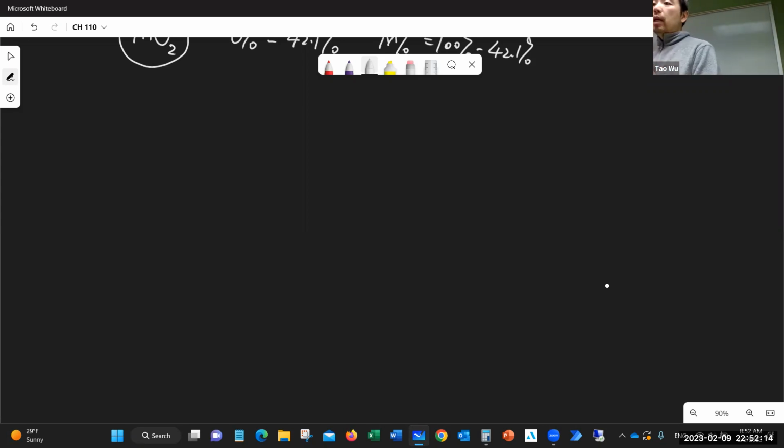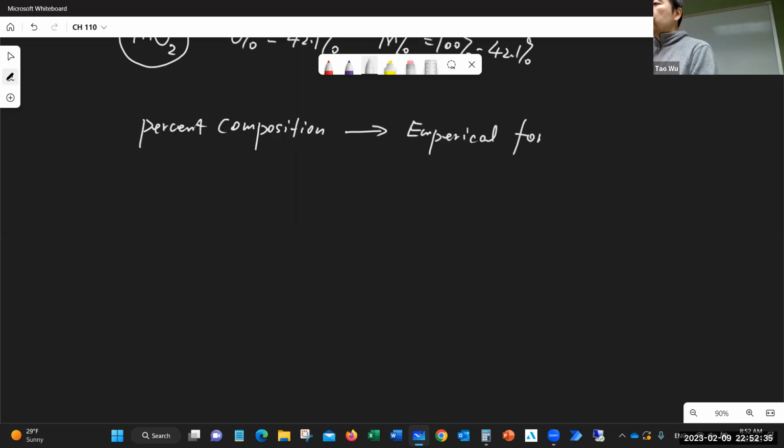We're going to figure out how to convert the percent composition to the empirical formula, and also how to convert the empirical formula to the molecular formula.